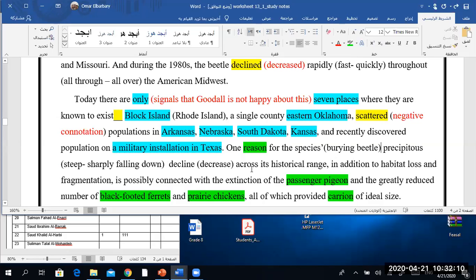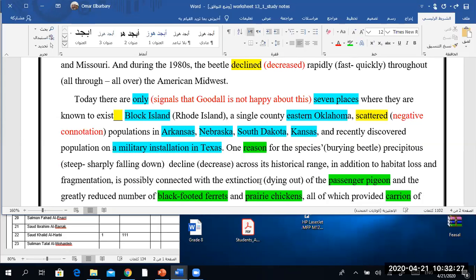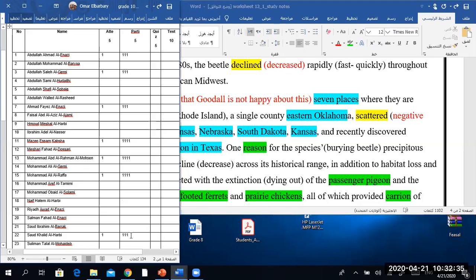So she's giving us a reason. In addition to habitat loss, so this is one reason we discussed before, we also have the extinction. What does extinction mean? Extinction, not extension. Dying out, right? Very good, Saud. Extinction, dying out like disappearance.